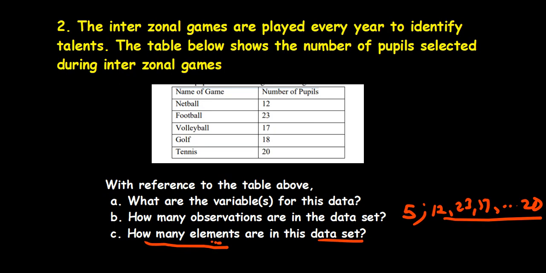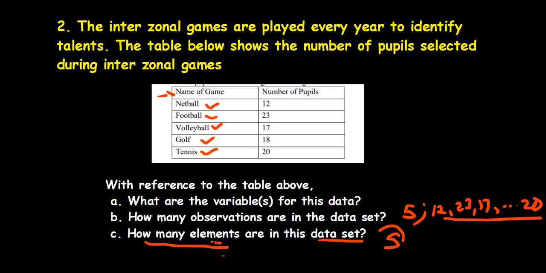In this case we are looking at the name of the game, which is the specific entity being studied. So how many elements are we going to have? Netball, football, volleyball, golf, and tennis. So how many elements? We're going to say 5.